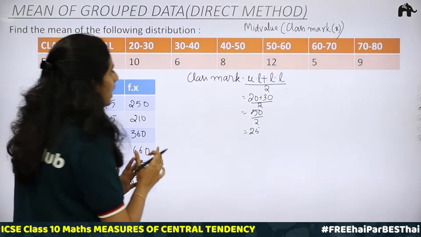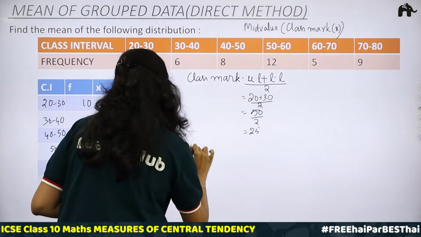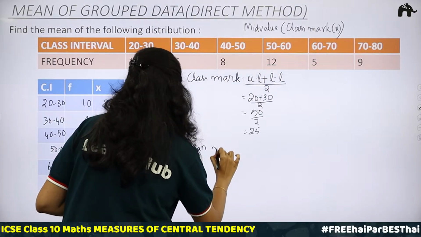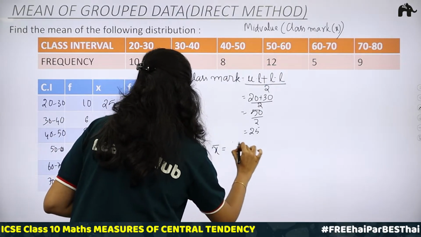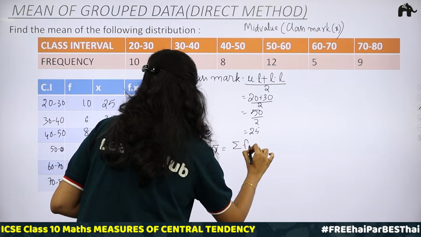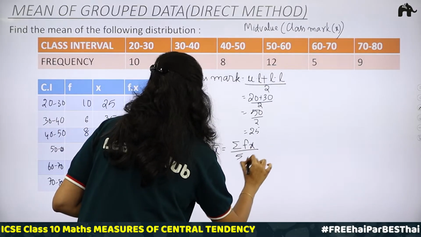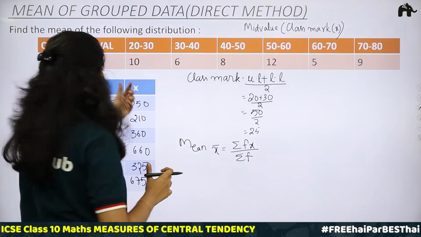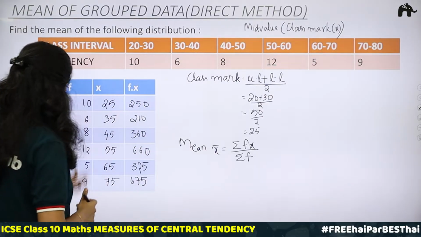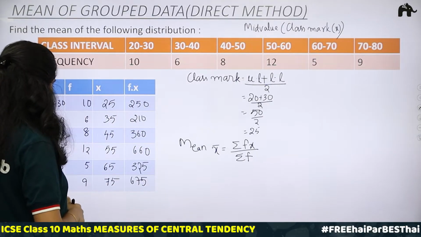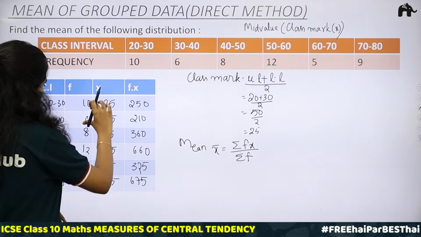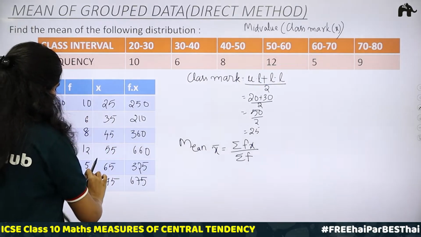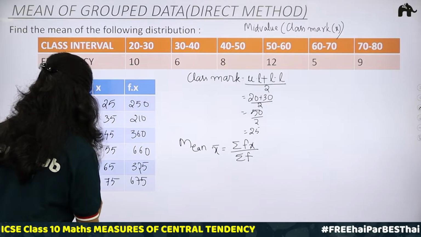Now, we know that the mean, x bar, is equal to sigma fx divided by sigma f. So we have to find the sum of frequencies and the sum of fx. What is the sum of frequency? When you add all these, you get 10, 16, 24, 36, 41, 50.